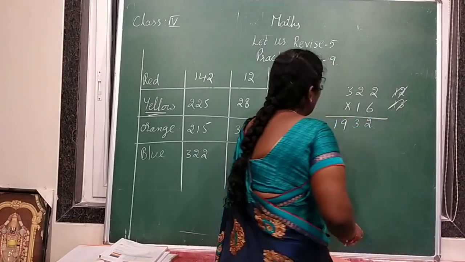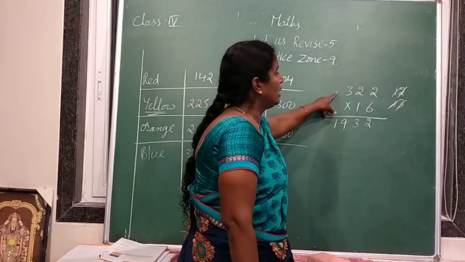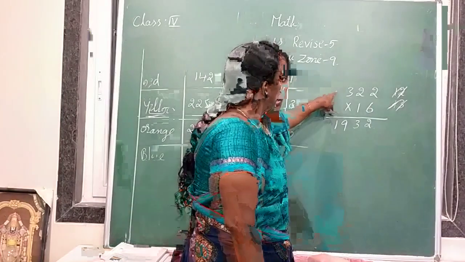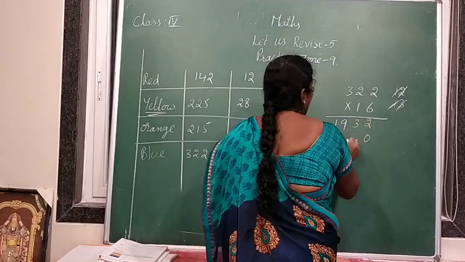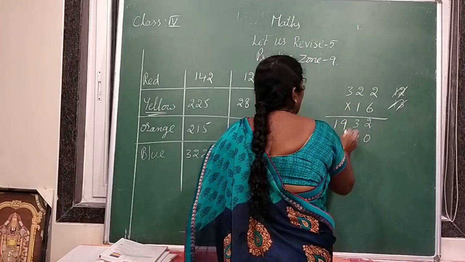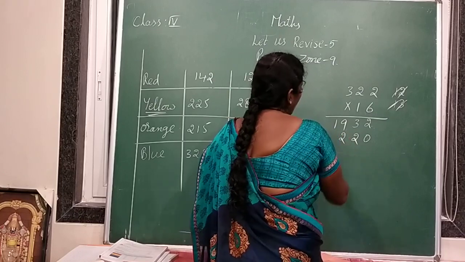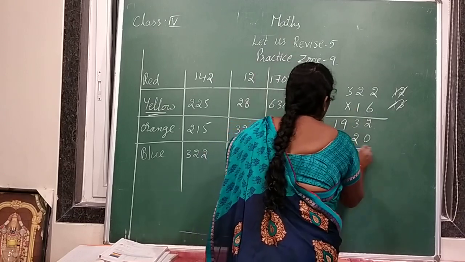So directly we should write 19 because there is no digit in thousands place. Next, multiplication by 1. 1 twos are 2, 1 twos are 2, 1 threes are 3.